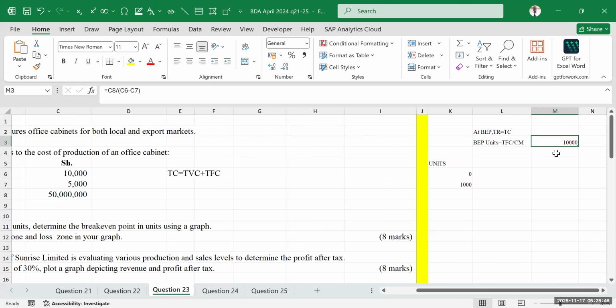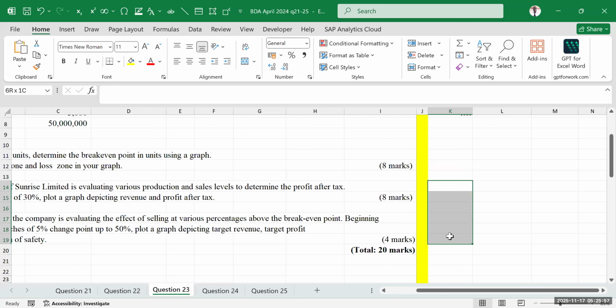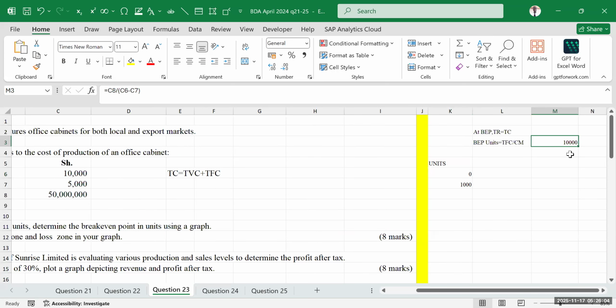We know that our break-even point in units will be 10,000. So we have to go from this 0, 1,000, all the way to 10,000. That will be our break-even point. Then we also go some miles above it or beyond it, so we could give ourselves a range. After the 10,000, we could go to 15,000 or to 20,000 so that our graph will appear normal.